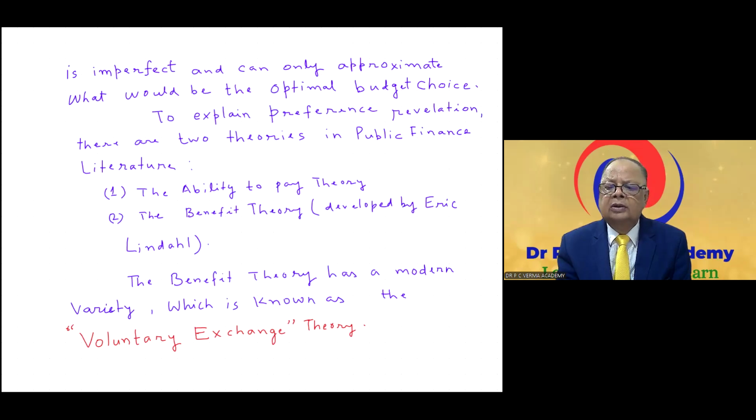So, a consumer may pay tax on the basis of his own ability to pay. How can we measure ability to pay? Ability to pay may be measured directly by your income, by your wealth and property, and by how much you consume.